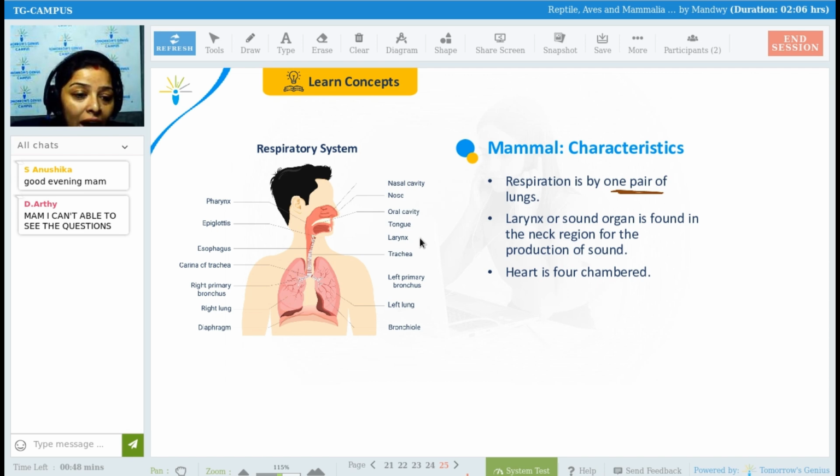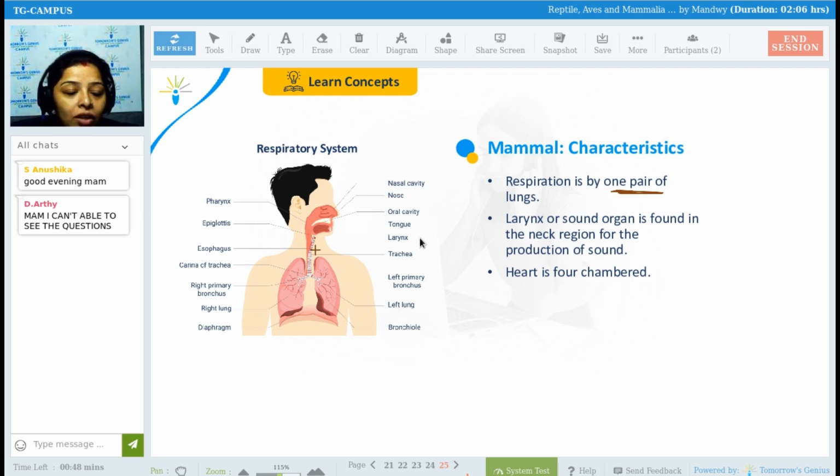The right lung is divided into three lobes, and the left lung is divided into two lobes, because of the location of the heart. The heart is a little bit tilted towards the left, and hence the left lung forms only two lobes.